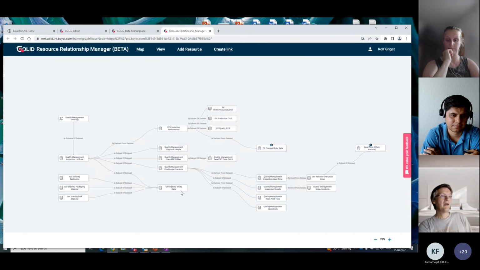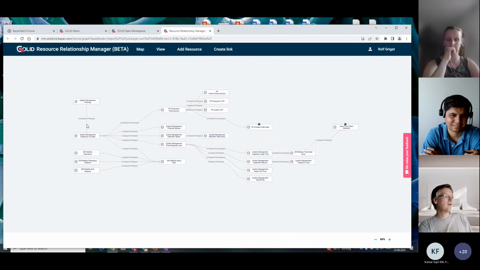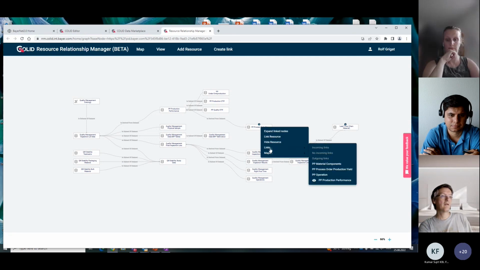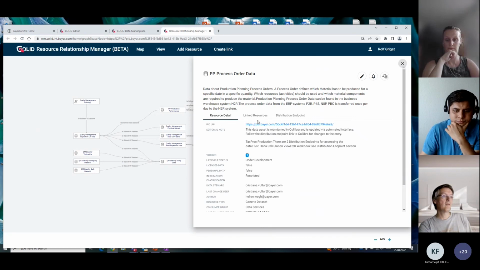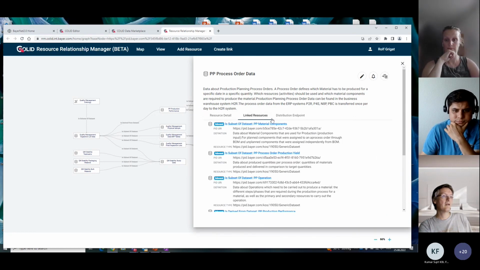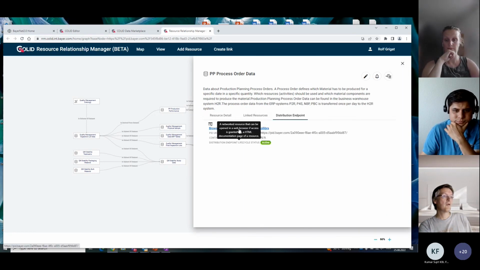So you see, we have a lot of data and ontologies that are linked together, and mostly ontologies are used to give people some information about how the data are to be interpreted. So you see here, there's still more links that you can then go and open more, or you can just say, all right, let me show the details here. And again, distribution endpoints.